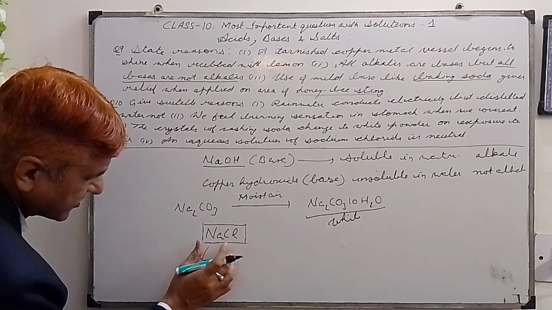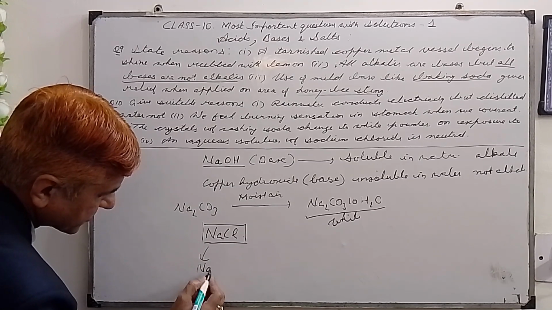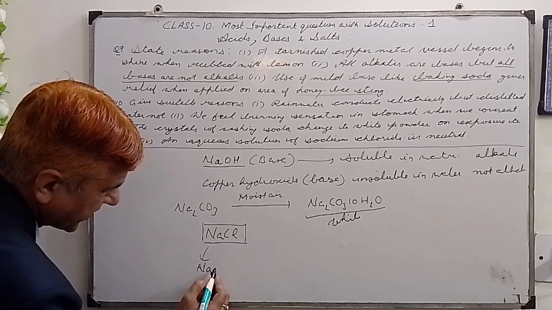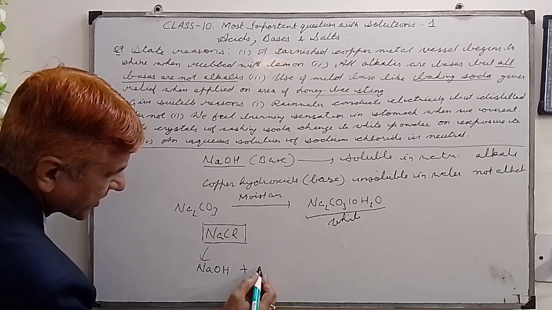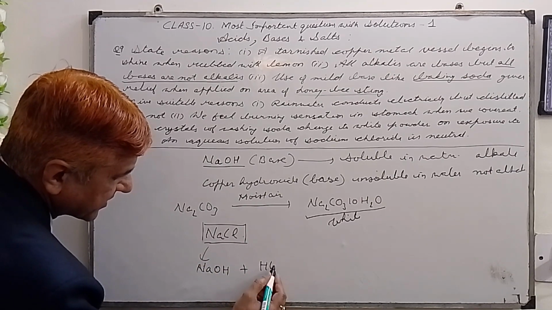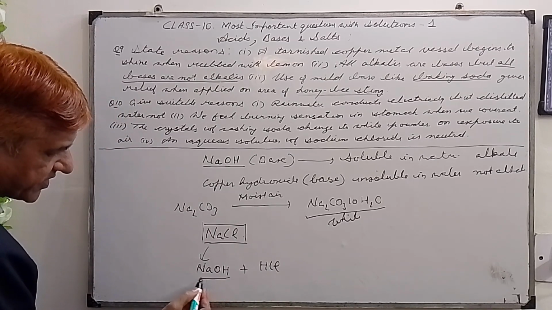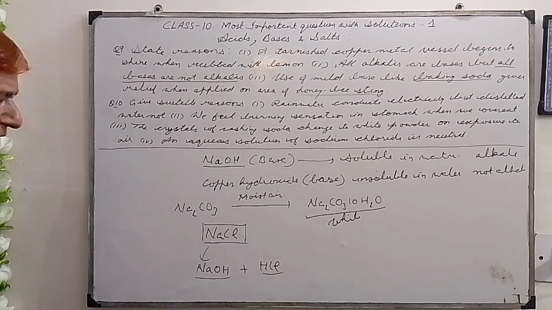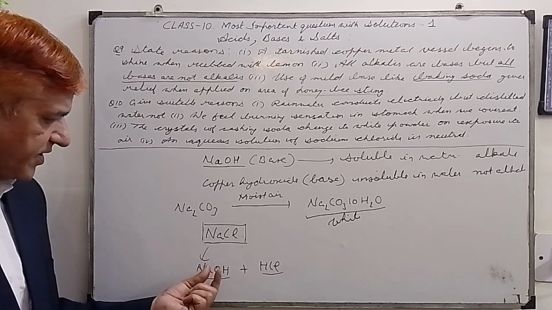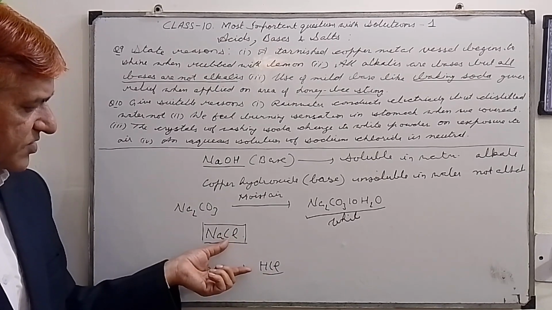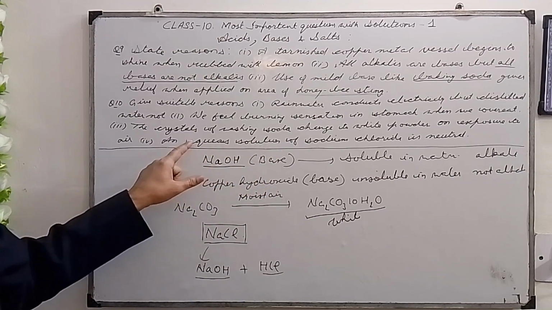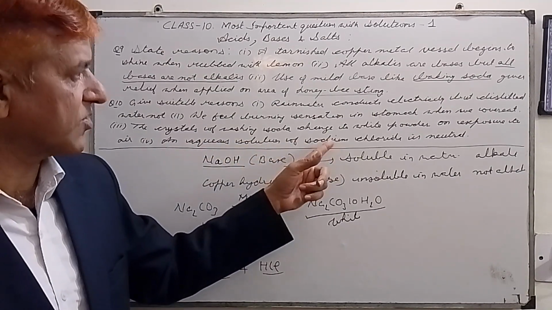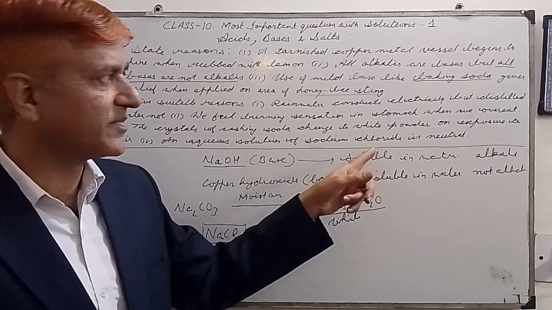Here the base is sodium hydroxide, and the acid is hydrochloric acid. So this is a strong base and this is a strong acid. Any salt formed from a strong base and strong acid is neutral. So that is why sodium chloride will form a neutral solution.